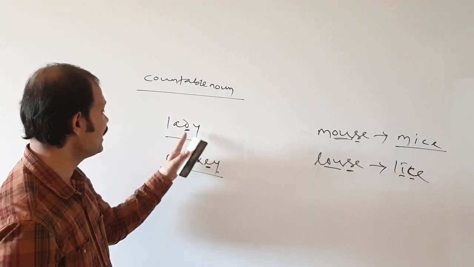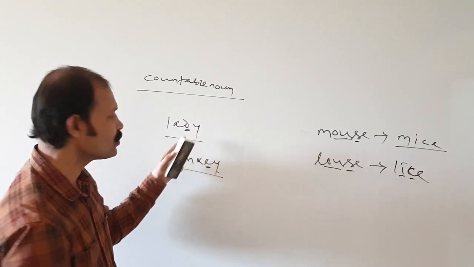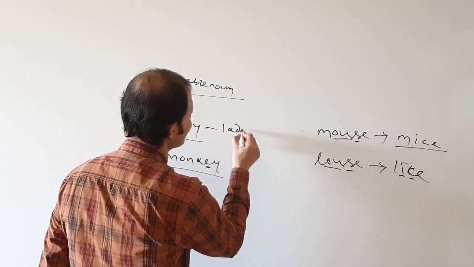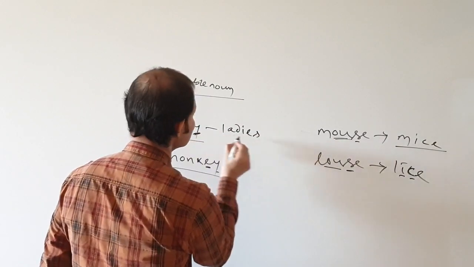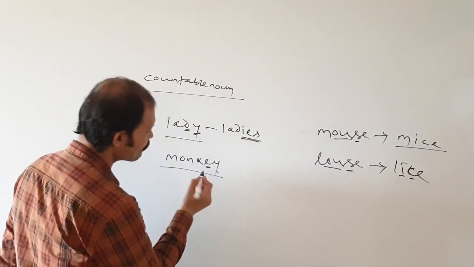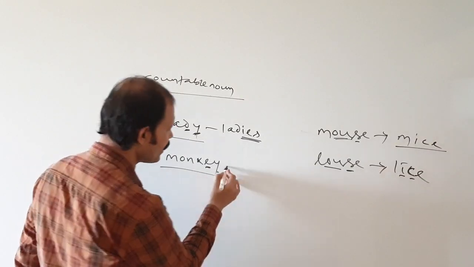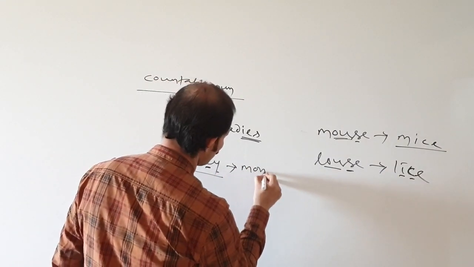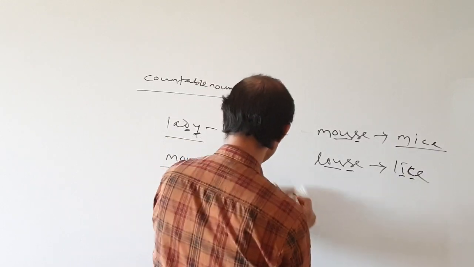So if Y is preceded by a consonant, in that case when you are to get the plural, Y changes to IES. But if Y is preceded by a vowel, in this case when you are to get the plural, only S will be added.